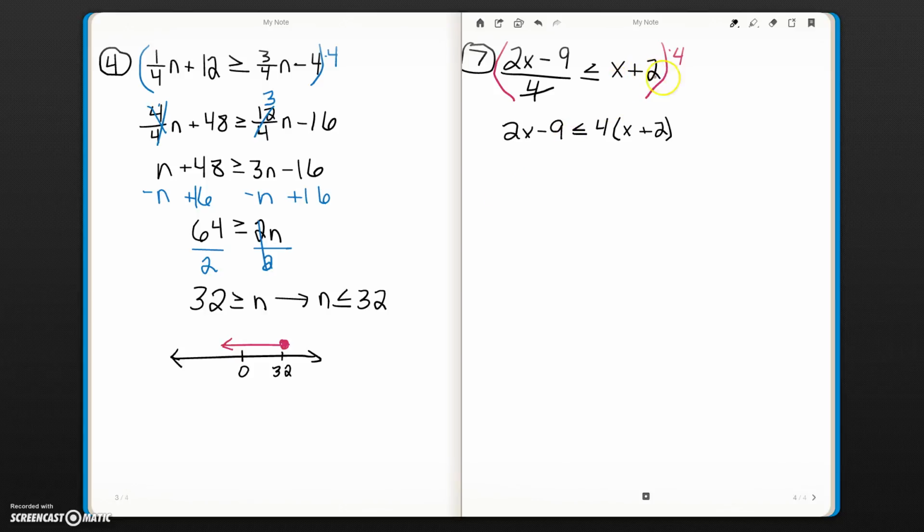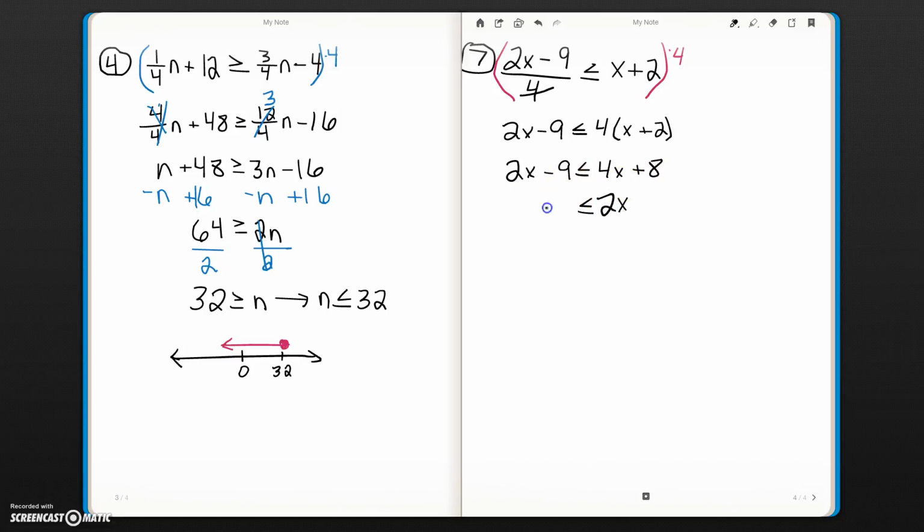Okay, because again, we're going to multiply both sides. So we have 2x minus 9, which is less than or equal to, and then we need to distribute this. So this is 4x plus 8. And then again, combine like terms. So I'm going to subtract 2x to this side, and I'll get 2x. I'm going to subtract 8 to the other side.